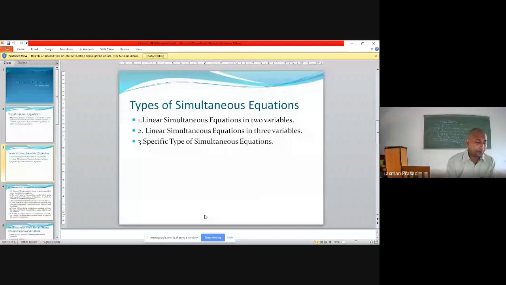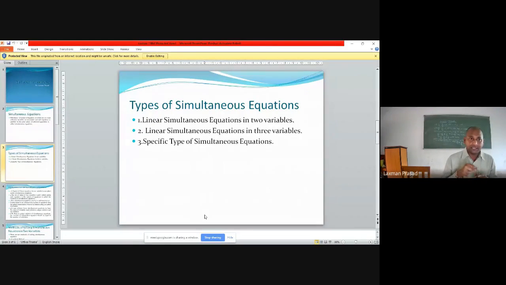See, in reciprocal, for example, a upon x plus b upon y equals to c. And some other examples, a y upon x plus c equals to by, etc. Some others are homogeneous equations like axy plus bx square equals to c.